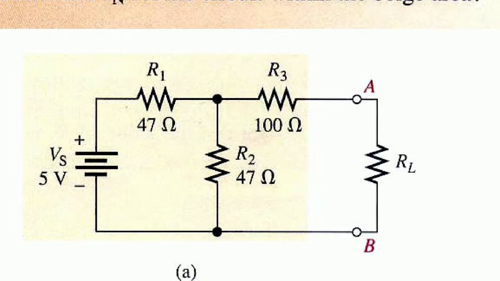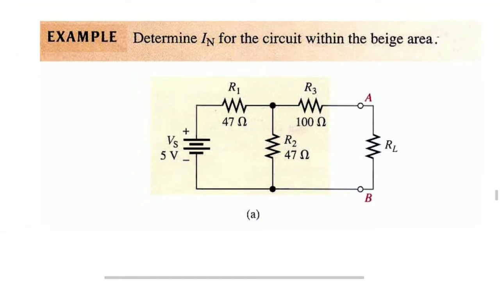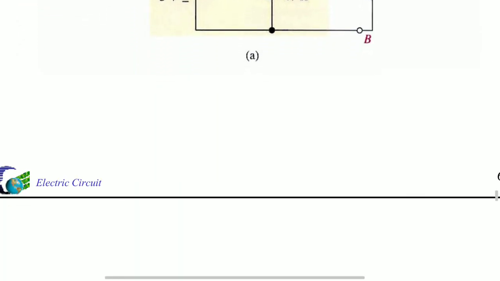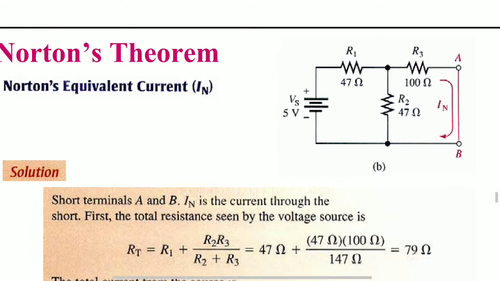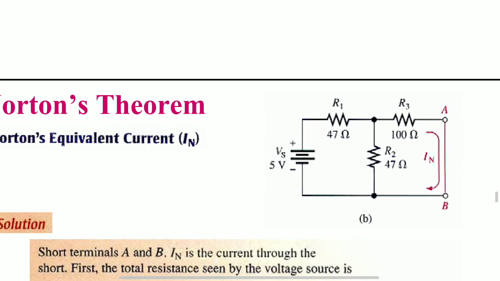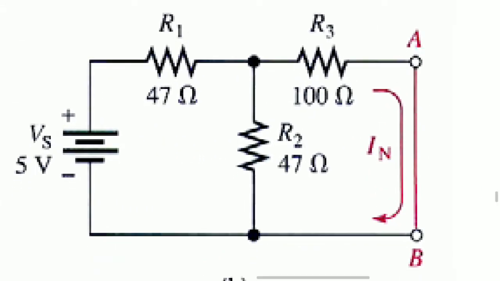To find the Norton's current, step 1: remove the load resistance and short the A and B terminals.